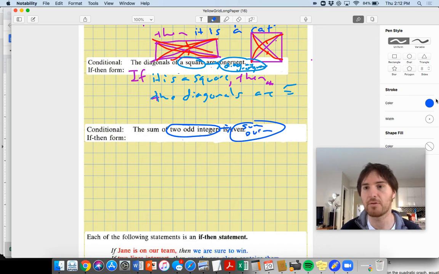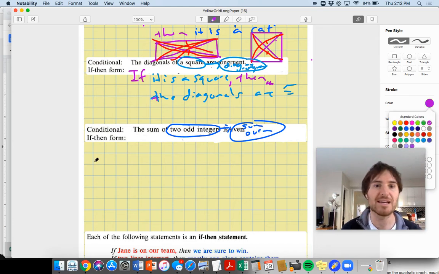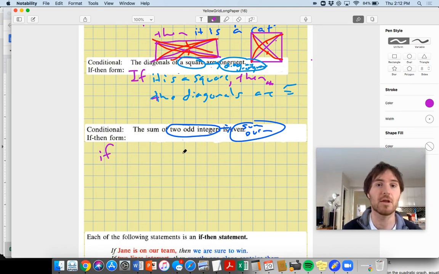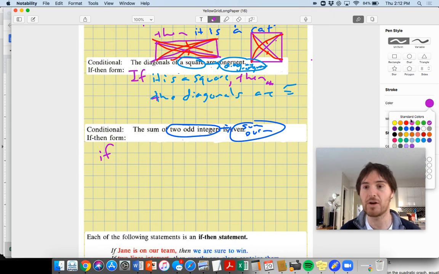You just got to kind of logic through that. What depends on what is that it's not if we have an even sum, because that doesn't establish that the 2 things that got added were odd. If we have odd numbers, then we know the answer is going to be even, okay? So you've got to think about what is necessary to what.